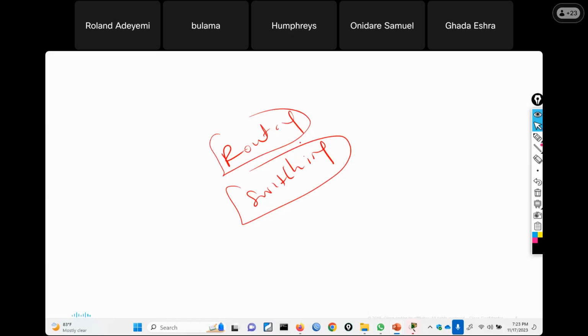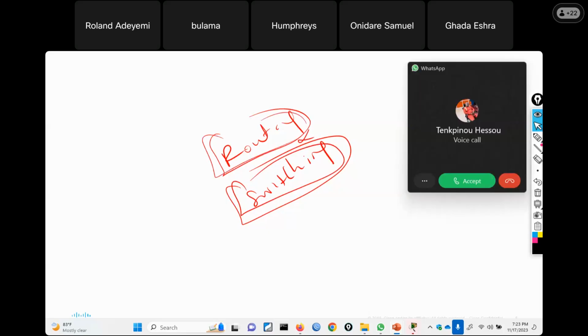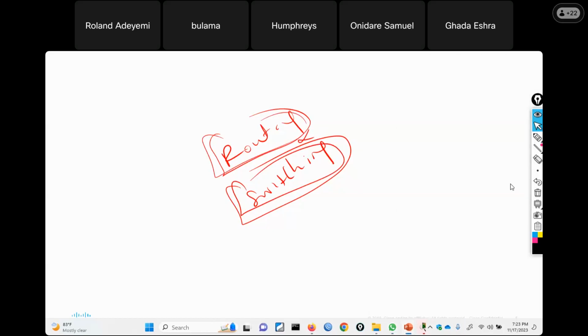That is where we're about to wrap up the class. We've been doing a lot of switching all this while. We did a little bit of routing, but we didn't point to the routing protocol, the routing concept. From the last class, we're now pointing to the routing concept, and we are now implementing the routing protocol.